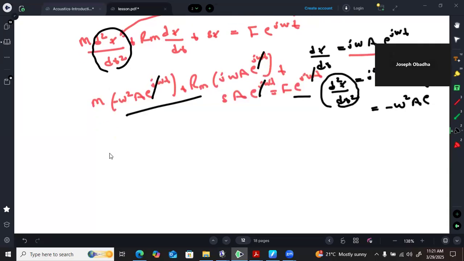Then we'll have minus A of mω² plus Rm jω A plus s A.